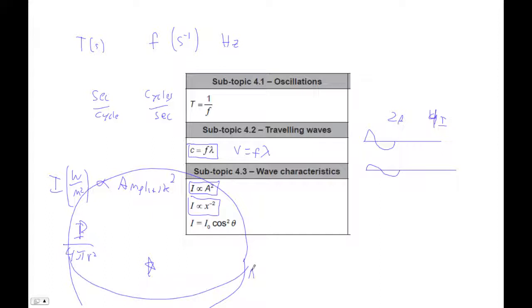If you're standing right there, all of that energy, all of that power is spread out over the area of this sphere, and the area of the sphere is 4 pi r squared. So whatever that power is, it's inversely proportional to r squared, and that's what they're saying there, right?